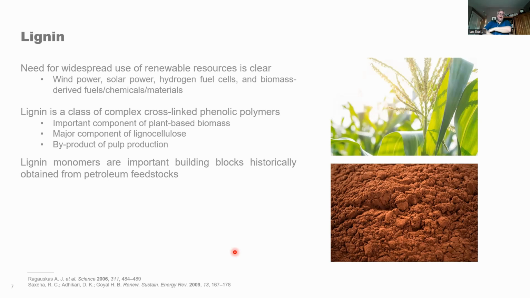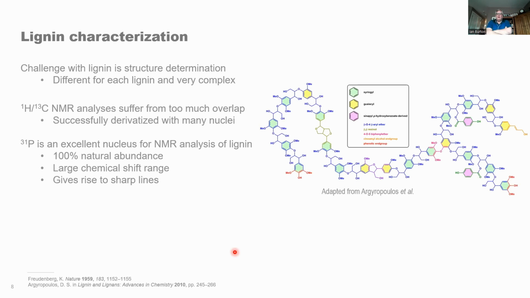But the nature of lignin, it's a complex heteropolymer. The monomer groups are phenols, and as individual compounds, they could have very high value. Generally, these kinds of compounds are derived from petrochemical sources. So throwing this stuff out may not be wise; there may be value to keeping it.